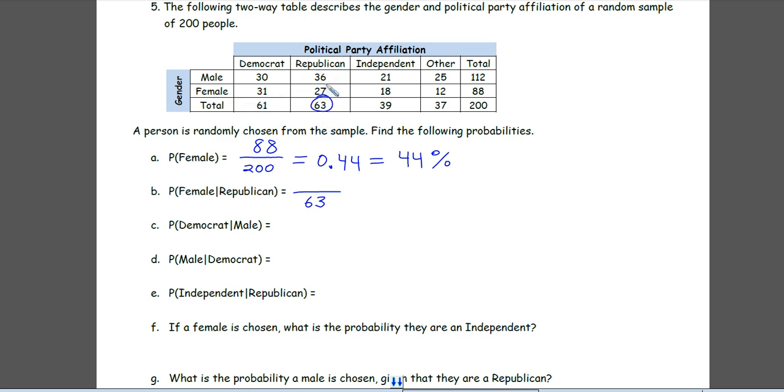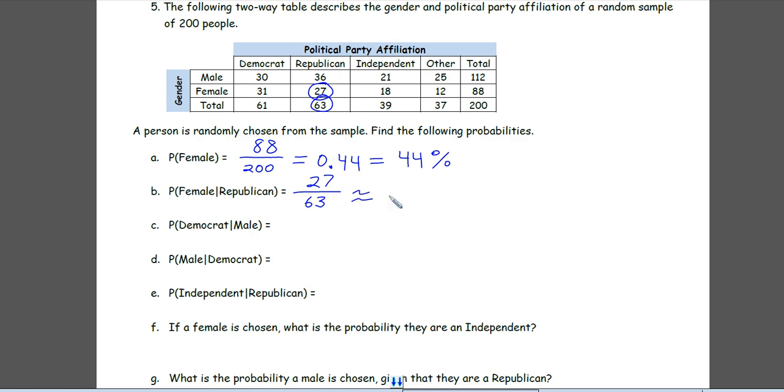We see that 27 of those 63. So that's how you want to think about conditional probabilities. Given that we know this happens, we know the person's a Republican, which means we're not looking at Democrats, independents, or other. You could think of the second part as meaning this is the total. So we're looking at, of the Republicans, what's the probability that a female is chosen?